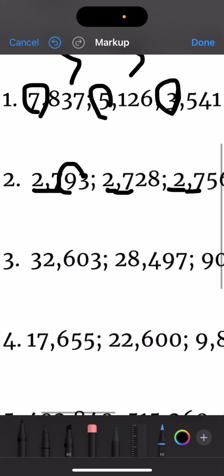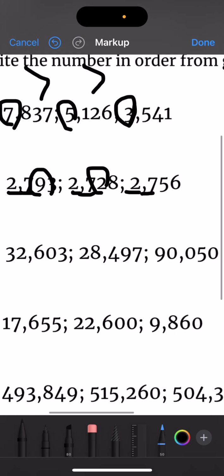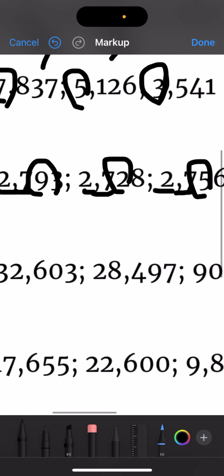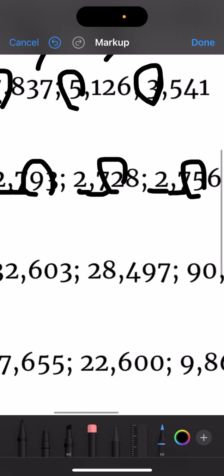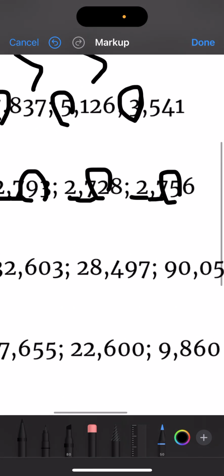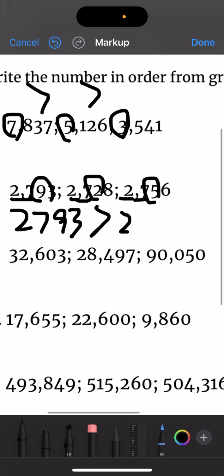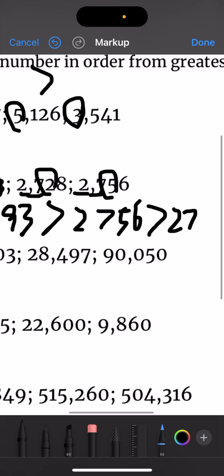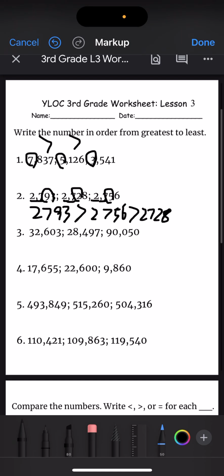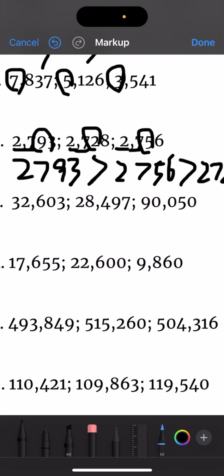We have 9 here, 2 here, and 5 here. So 9 is the greatest, 2 is the least, and 5 is in the middle. So this would be 2793, 2756, and 2728.